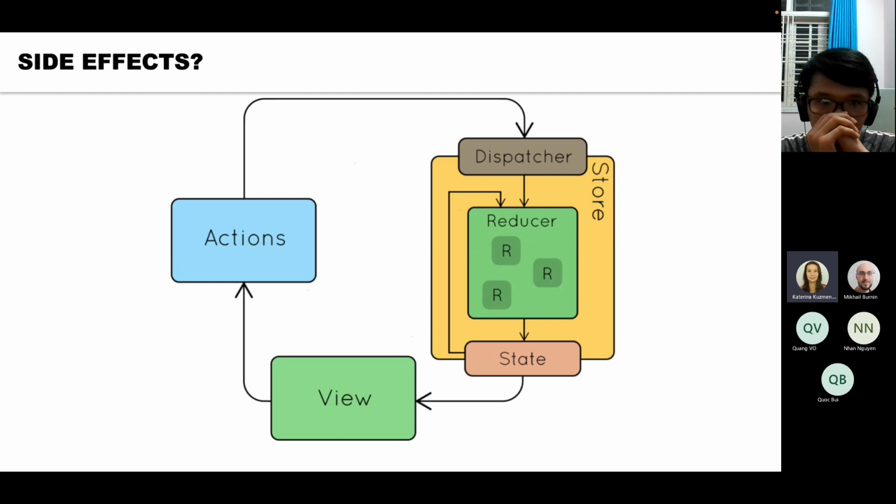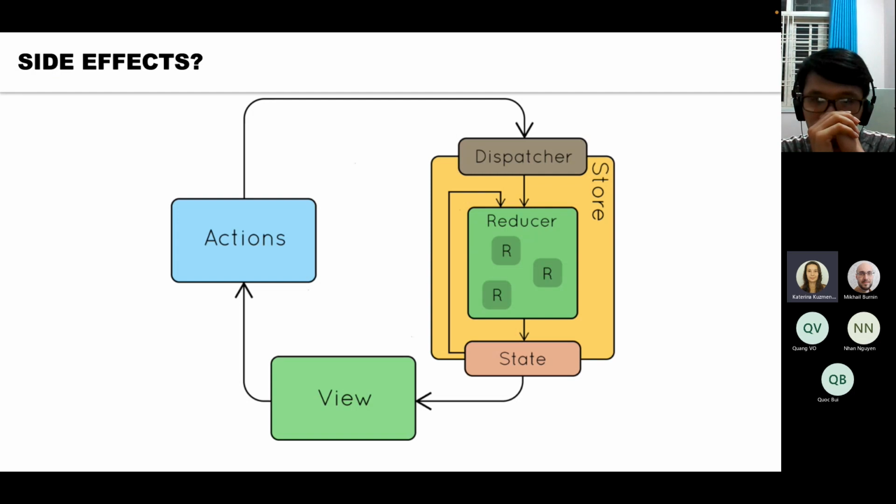Most applications need to reach out to the outside world to be useful, by talking to the server, accessing local storage, recording analytics events, or something else. That process of calling into the real world is what side effects are. They are a way of bridging the pure Redux world with the outside world.